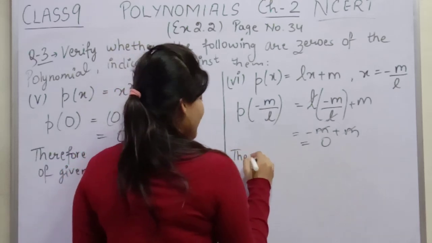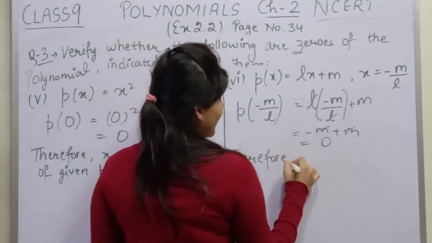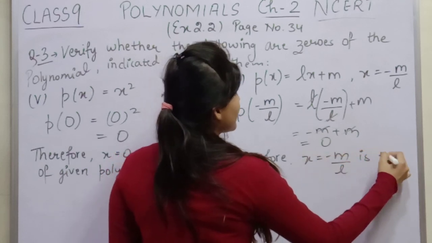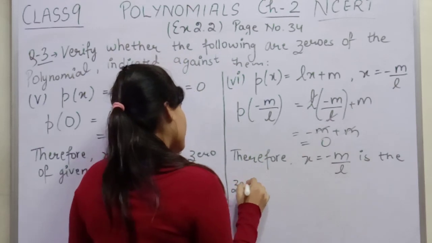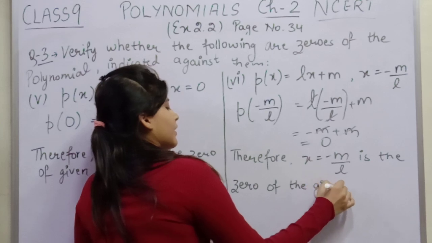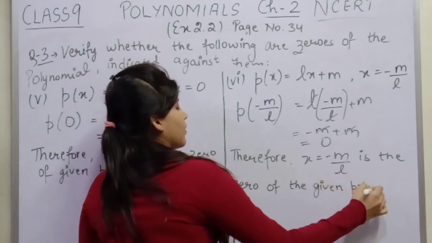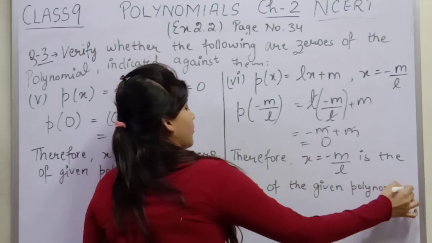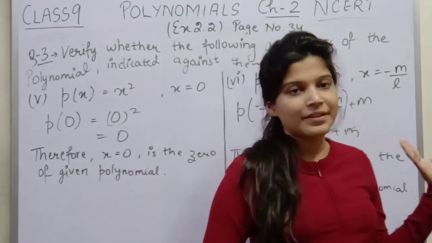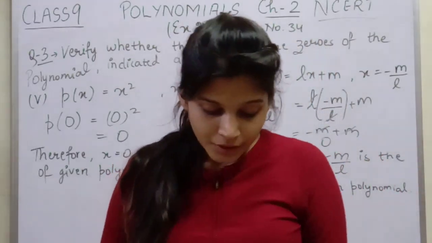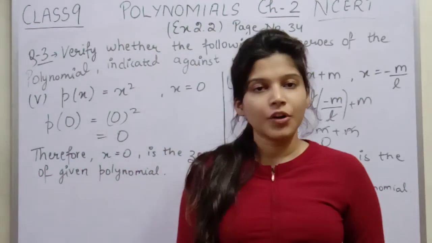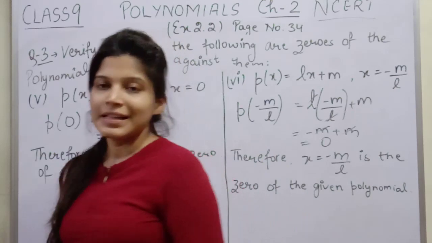So therefore we can say that x equals minus m upon l is the 0 of the given polynomial. Okay, so it means this is also the 0 of the given polynomial. Alright, so this was part number 5 and 6. Please note down these parts in your notes. Then I'll be starting with part number 7.